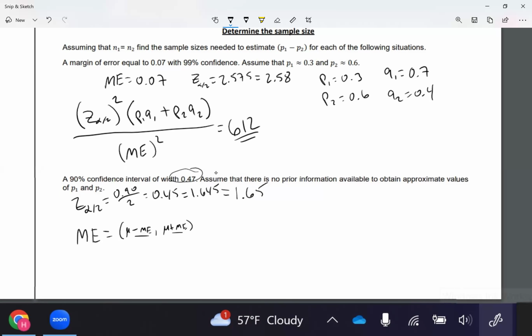So I have my error twice. That's what gives me my width. For me to find my margin of error, I go 0.47 divided by 2.